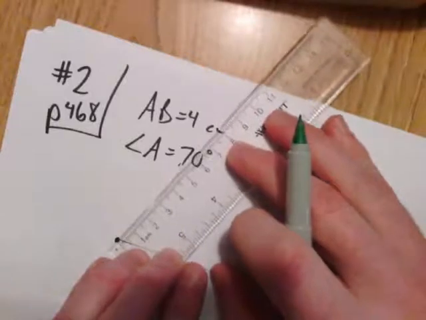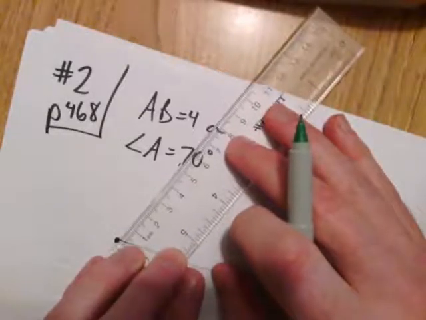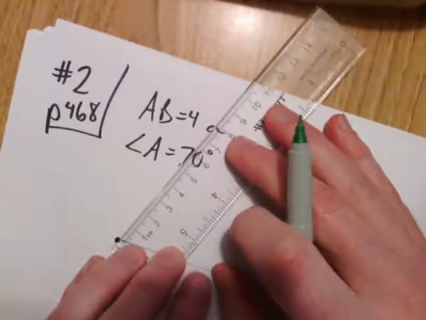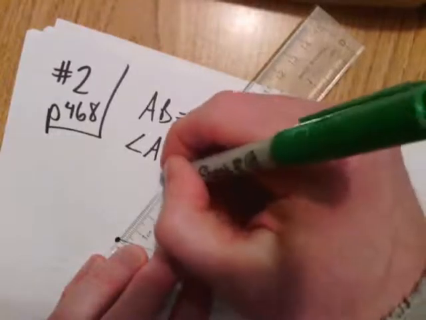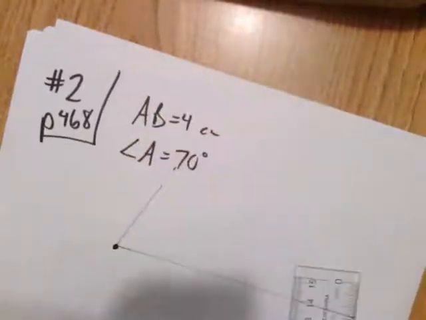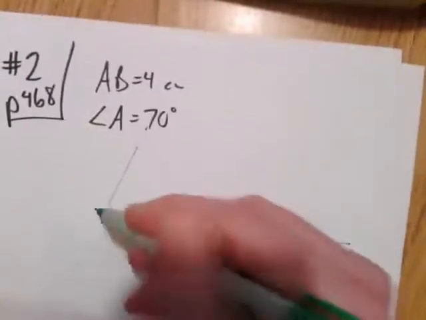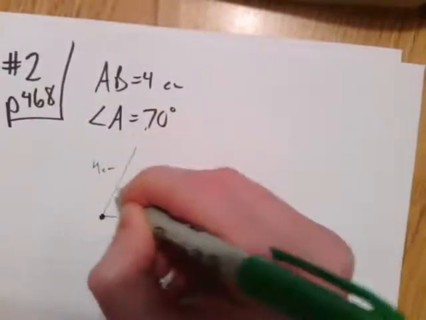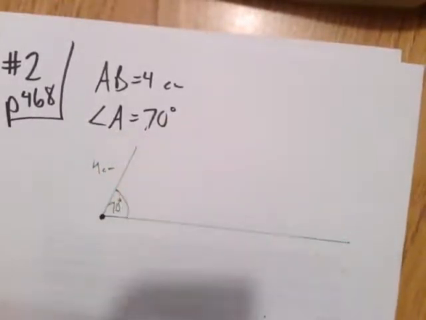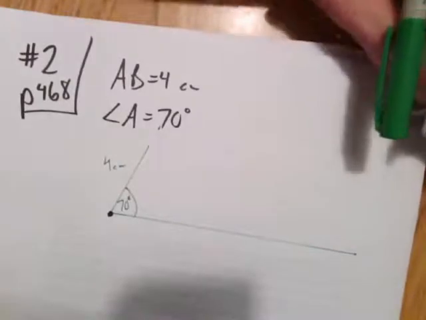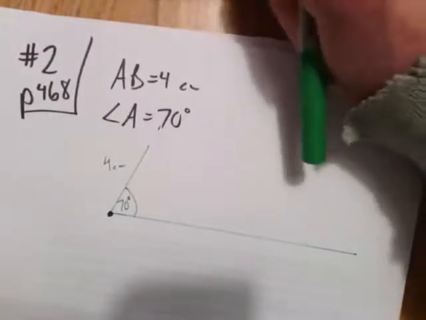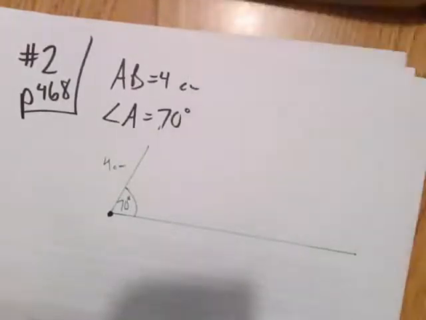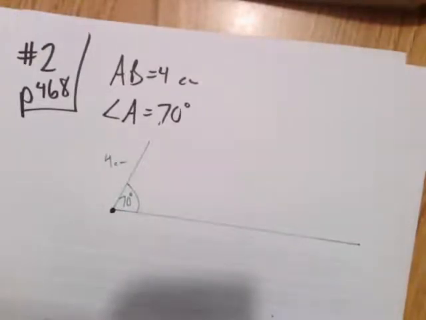So I gotta make sure it's in line. So I'm gonna go that far. Okay. So this is 4 centimeters. This is 70 degrees. And now it says use the completed chart part D to justify that it's not possible to draw a triangle. Part D.